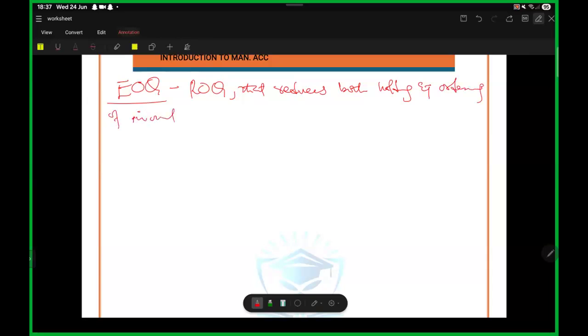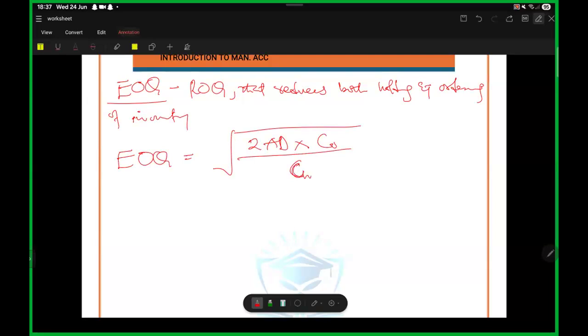Anytime you are given this, you just have to know your formula. So the economic order quantity is the root of 2AD times cost of ordering over the cost of holding inventory.